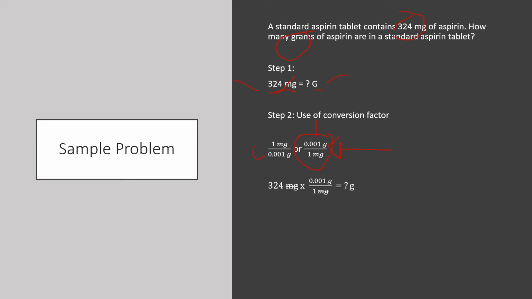Nakikita naman natin, naka-cross out na si milligram para ma-indicate na na-cancel out na siya. And then all we have to do next is multiply 324 with 0.001. In this case, ang sagot po natin is 0.324 gram.